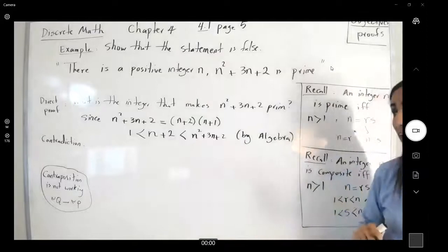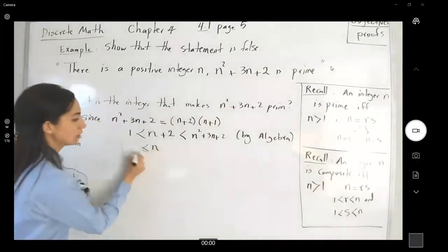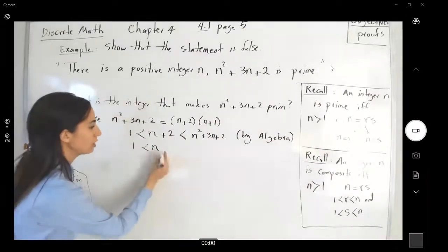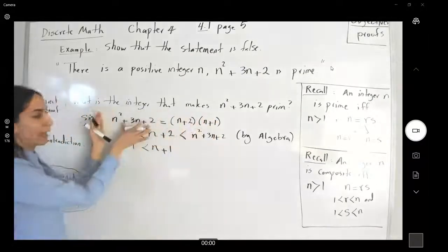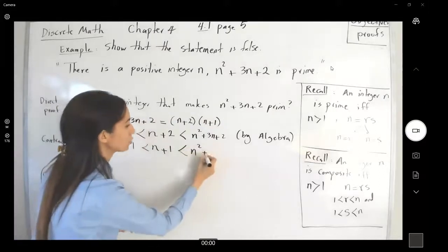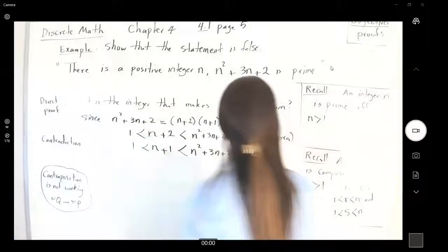Also, for the same reason, n plus 1: n is greater than or equal to 1 because it's a positive integer, and n plus 1 is definitely greater than 1. And since n plus 1 is a factor of n squared plus 3n plus 2, it is less than n squared plus 3n plus 2, again by algebra.